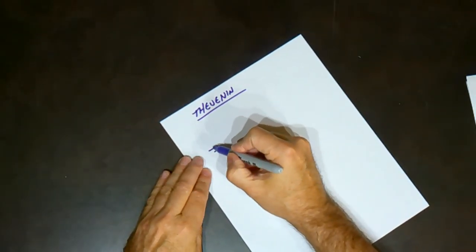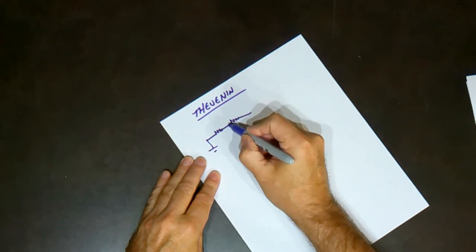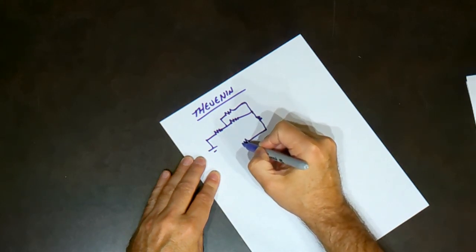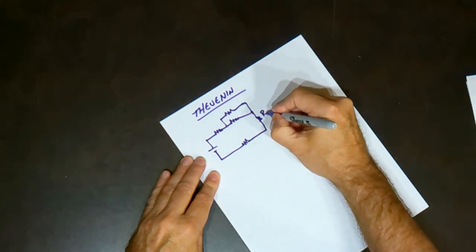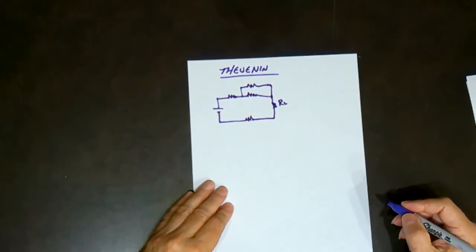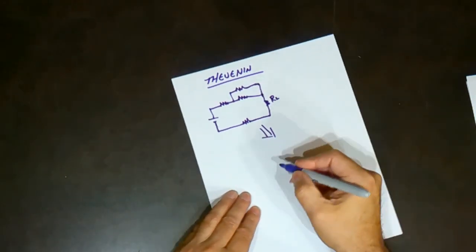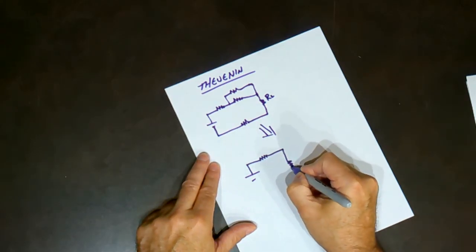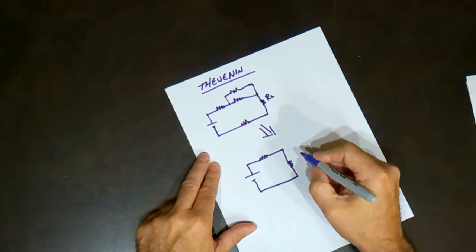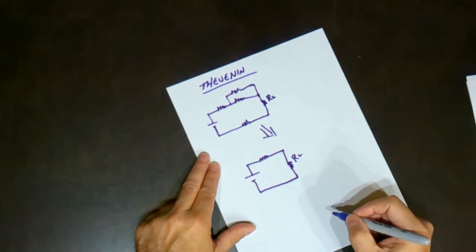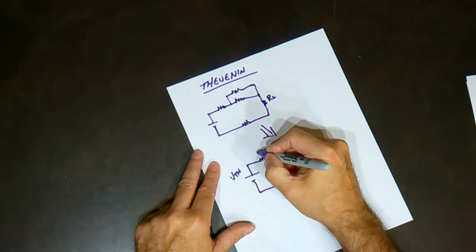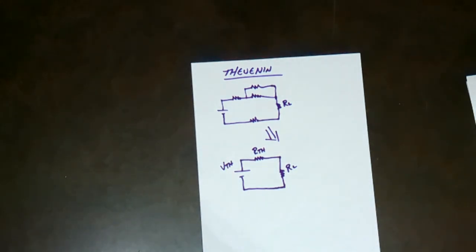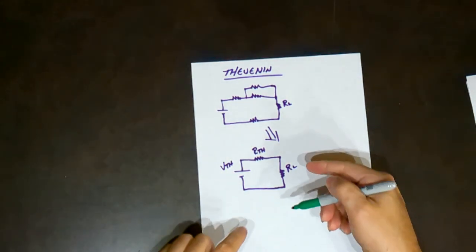So if I take a complex circuit that looks like this, and I say that this is the load resistor, the Thevenin equivalent will simplify a circuit down to something like this, where that's the load resistor, this is Thevenin's voltage, this is Thevenin's resistance. And these circuits are equivalent with respect to the load.